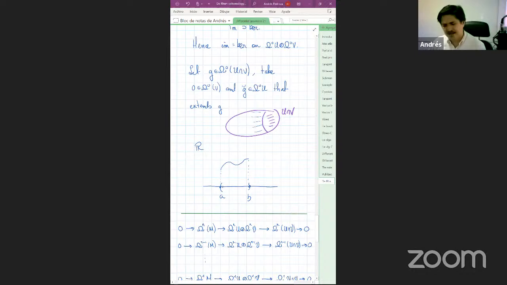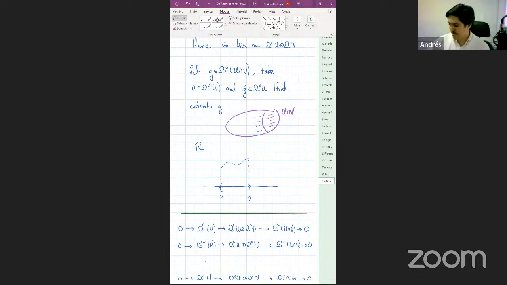I don't remember exactly what Daniel shared with you, some notes regarding topology. But basically the way to extend this relies on the topology of a manifold.